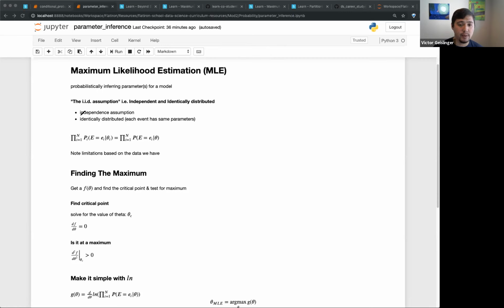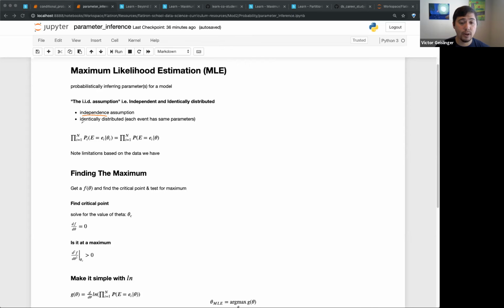We can use this independence assumption, and sometimes even for things that are not quite independent. But it always comes down to what your data represents. If your data are strongly dependent on each other, you have to be aware of that before applying any of these rules. That's why we always ask, is it independent? This is required for MLE.